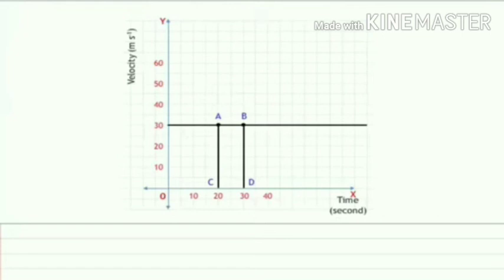Now you can see that time interval, that is 30 minus 20, that is T2 minus T1 equal to 10 second, and from A to B velocity remains constant because this graph is a straight line parallel to the x-axis. Thus, time t is AB equal to CD, that is T2 minus T1 equal to 10 second.